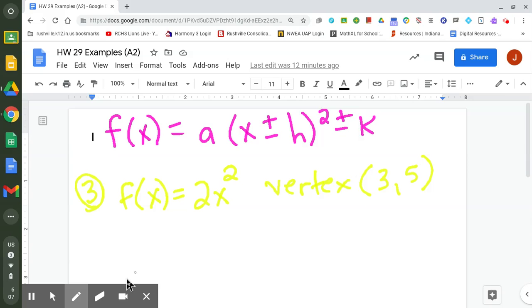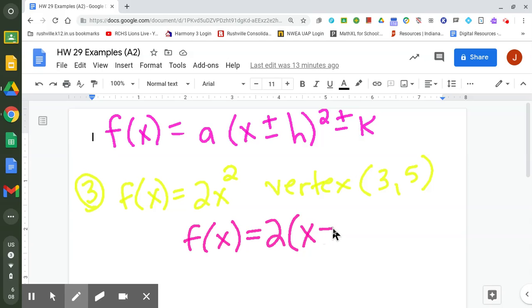So I'm going to use that pink vertex formula up there to help me write this. So I know I'm going to have f of x equals, and the 2 would go first because the 2 indicates that that's a skinny shape or a narrow shape. And then since it's vertex form, I need parenthesis and then the x. And then my vertex was +3, +5.